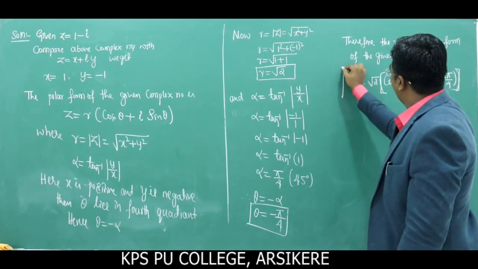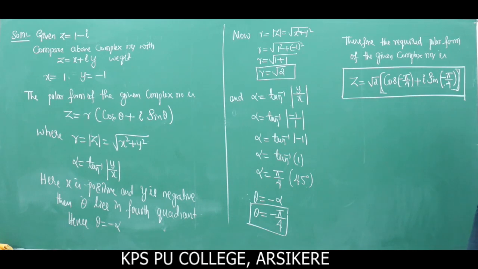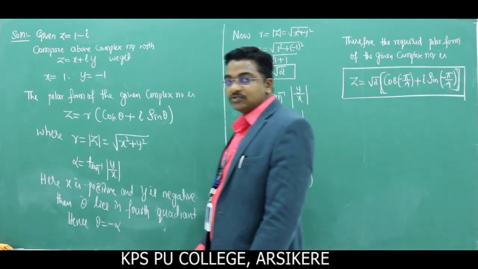This is the polar representation of the given complex number. Do you understand, children? Take a pause, note down all the things I have written here.